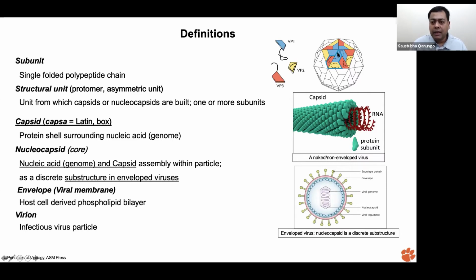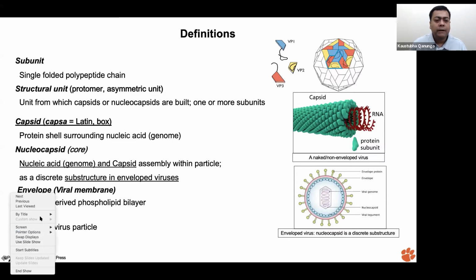If you look at this triangle in blue, it is made up of 1 blue, 1 red, 1 yellow, and all these 3 together is the structural unit, or protomer, or asymmetric unit.